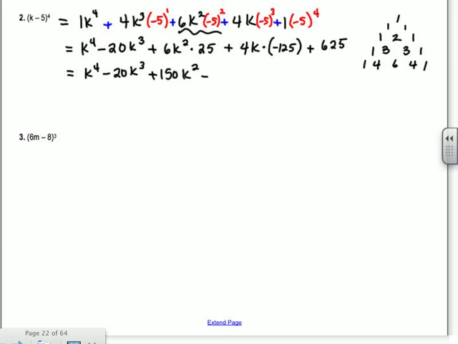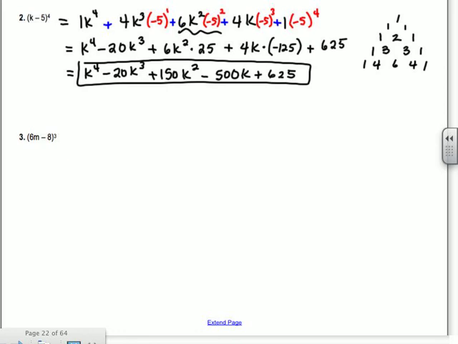If you're doing 4 times negative 125, do negative 125 times 2, and then multiply by 2 again. So negative 250 times 2 again, negative 500k, plus 625. That's your answer. You can always check at the end. Notice how the k's go 4, 3, 2, 1. They should still do that.